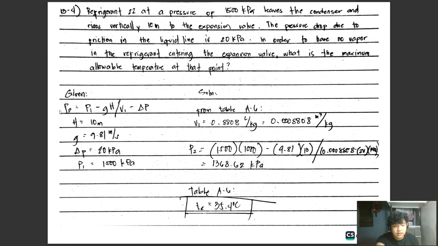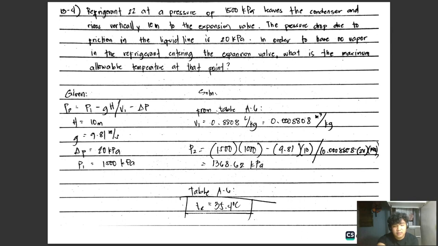We have the given P2 equals P1 minus gh over v1 minus delta P. Our height h is equal to 10 meters, gravity equals 9.81 meters per second squared, our pressure drop is 20 kilopascal, and our pressure is 1,500 kilopascal.